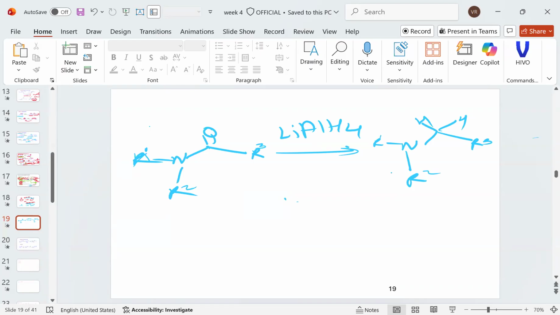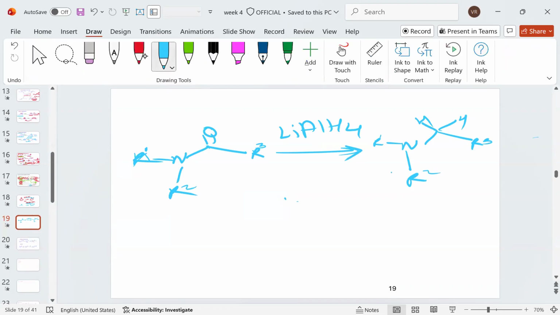So this is one reaction in which you can see it was the carbonyl here, but now in the product, the carbonyl has just vanished. So keep this noted also.